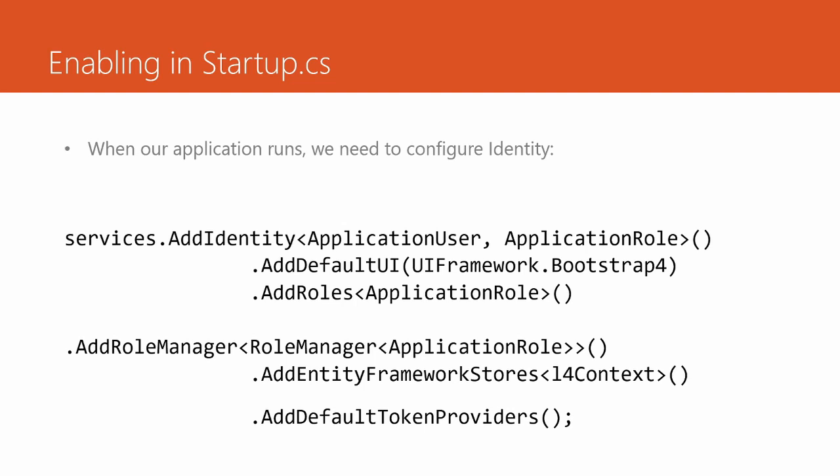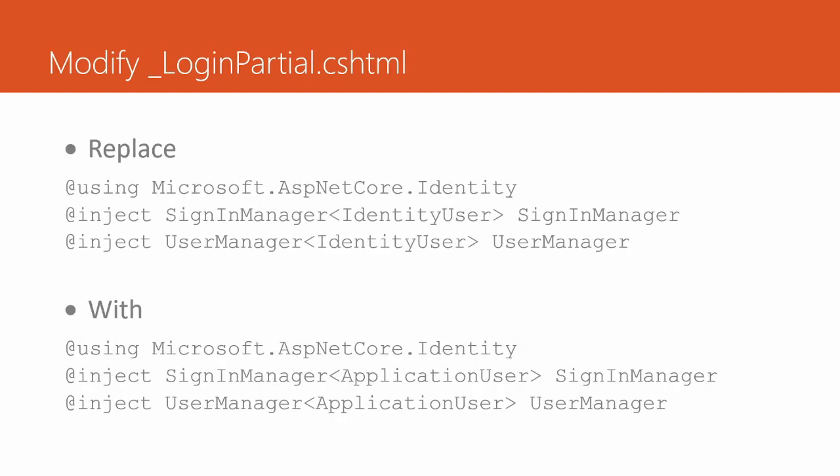So this is in our startup.cs file. We've got some slight configurations that we've got to change as well. So here they are, but we're going to get into them when we get into the actual Visual Studio and start modifying it. And then there's this one more thing that we have to do, which is our partial login that you've probably seen over on the right side of the screen.